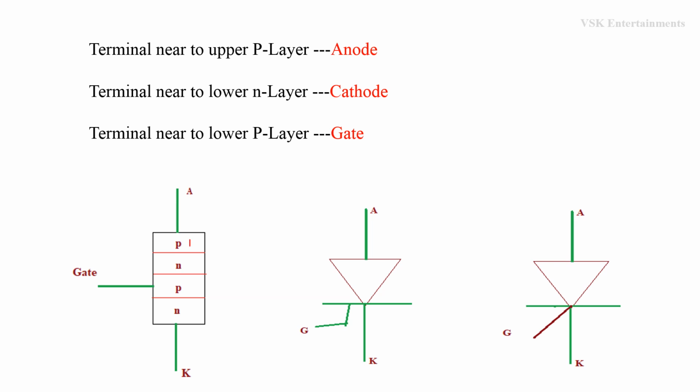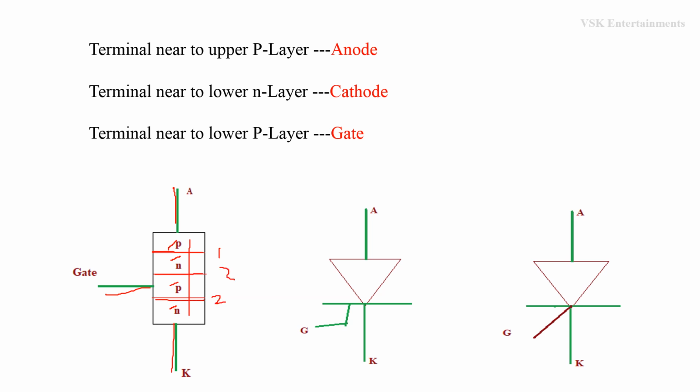Coming to the electrical symbol and construction, these are the 4 layers of the SCR, that is P, N, P, N, and 3 terminals. This is one terminal, this is the second one, and this is the third terminal, and 3 junctions. This is the first junction, this is the second junction, and this is the third junction.